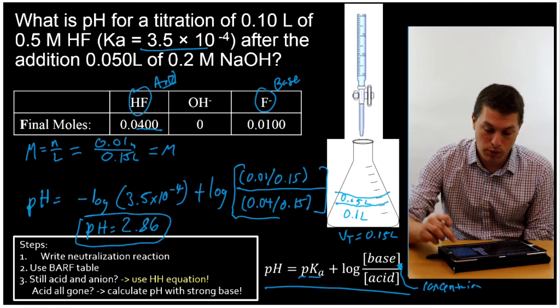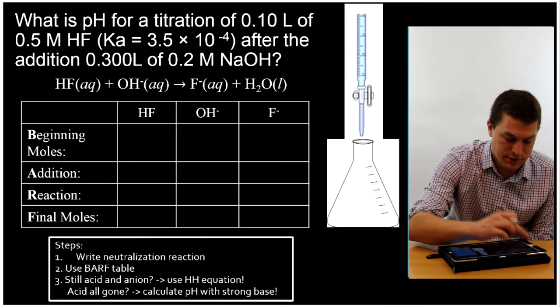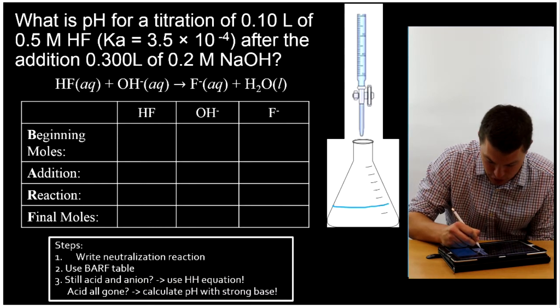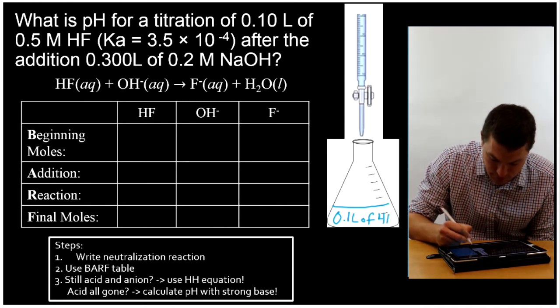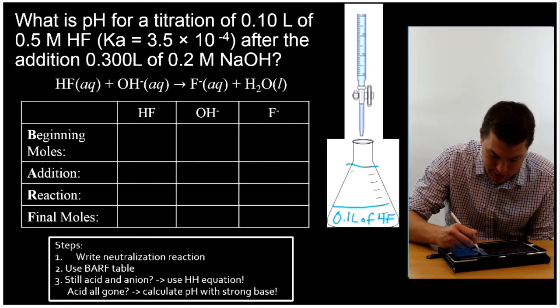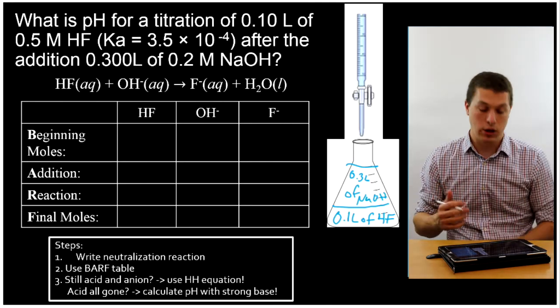Okay, now let's do one more calculation where I'm going to add even more sodium hydroxide. So this says, for example, that I have initially 0.1 liters of my HF. But now, instead of adding 50, I'm going to add 300 milliliters of my NaOH. This, as you may expect, is going to bring me beyond my equivalence point.